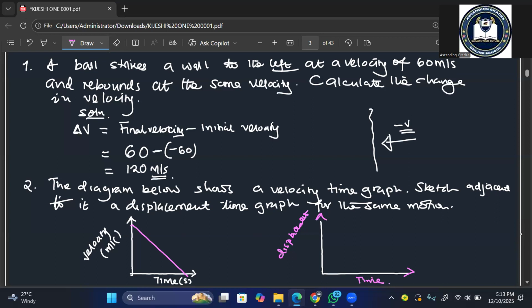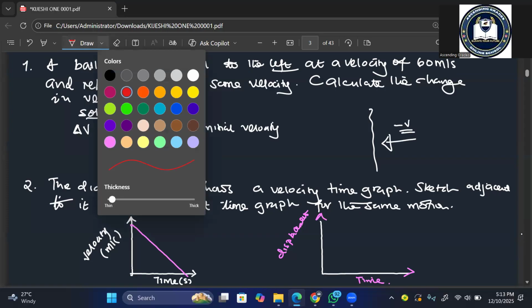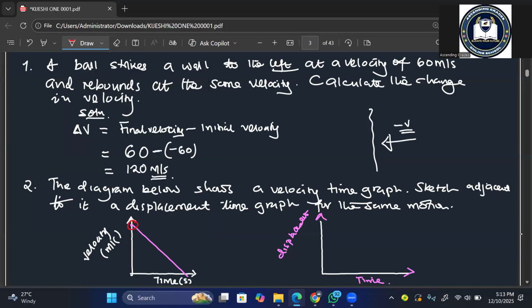So if you look at this one, the body was moving from a high speed. So this velocity over here. Then it was moving downwards. You can see we are coming to a velocity of maybe 0.